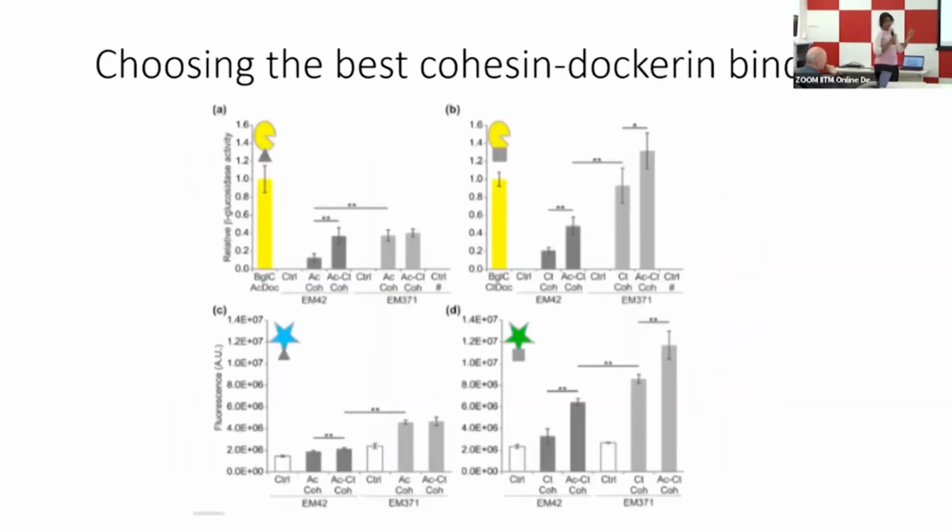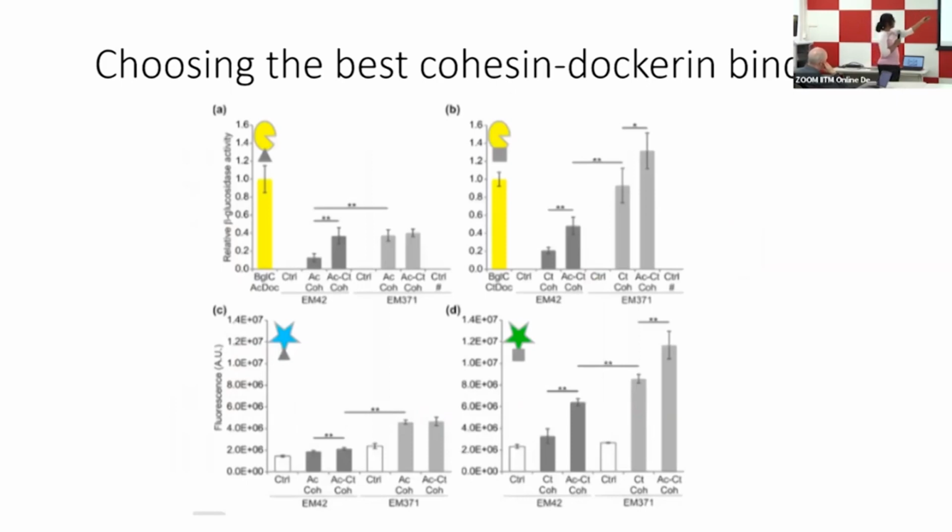So now that we've found our secretion pathway, that is AG43, we have to choose the best cohesion doctrine binding out of our AC, CT, and in some cases both AC and CT are expressed. So for this, we used BGIC bound to both the AC doctrine and the CT doctrine, and we observed our results.